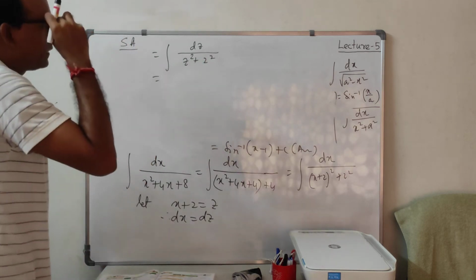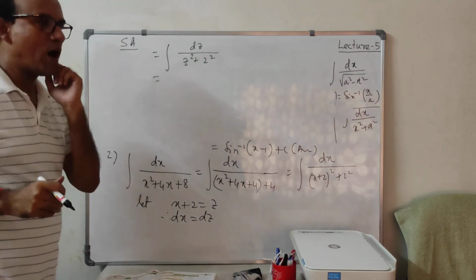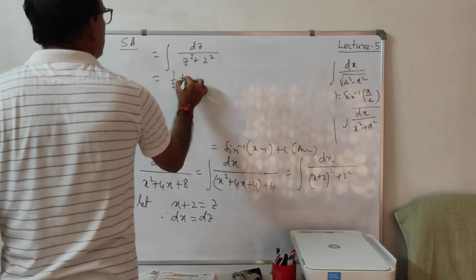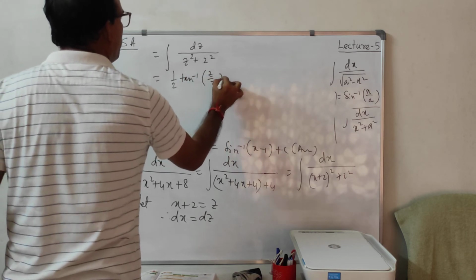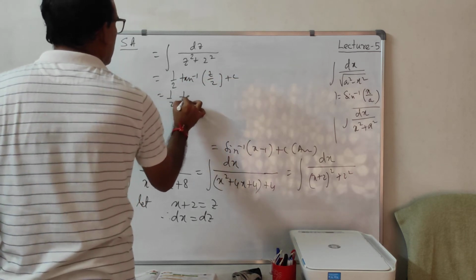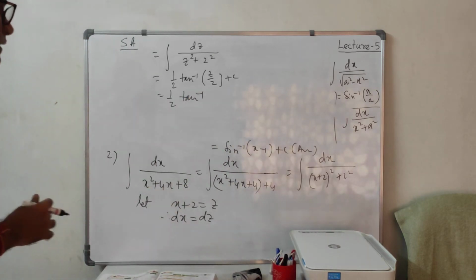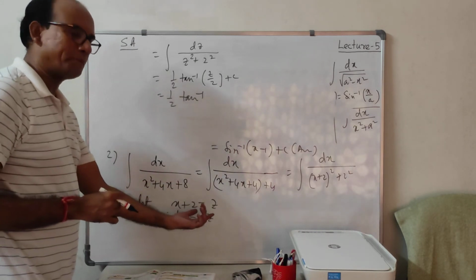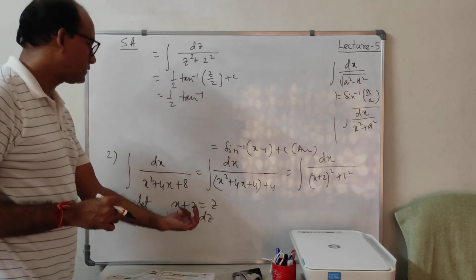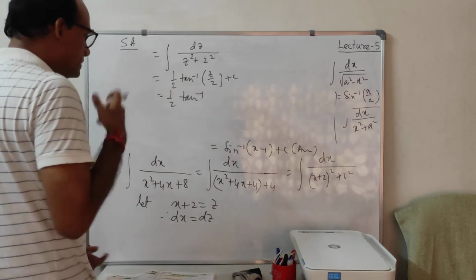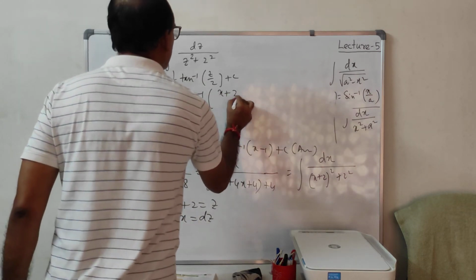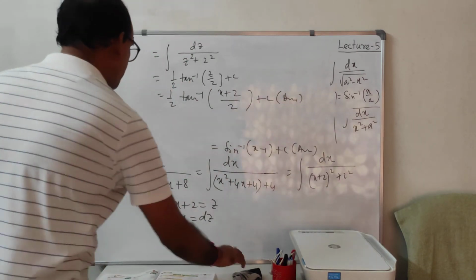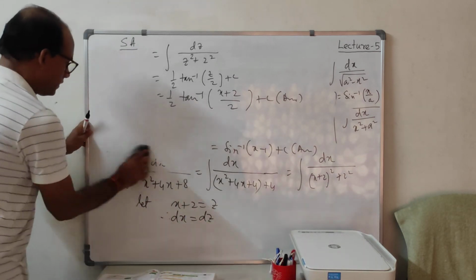It is just in the standard form 1. It is 1 by a tan inverse of z by a, so 1 by 2 tan inverse of z by 2. And don't forget about back substitution. Finally, you have to bring back the original variable x here. Here z is x plus 2, so the answer is 1 by 2 tan inverse of (x plus 2) by 2. That is the end of this integral. Okay, so I am removing this part.